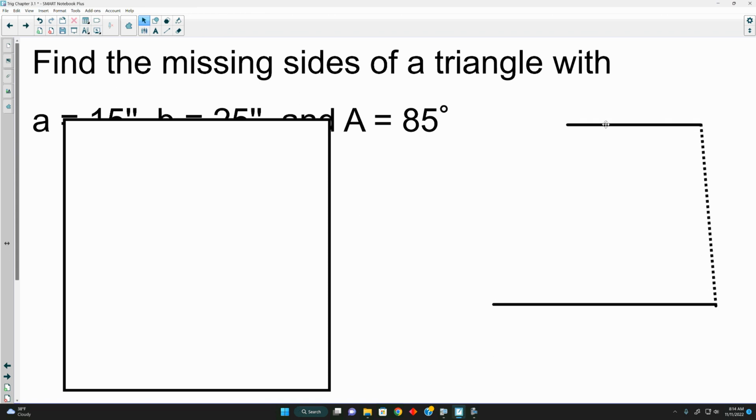Here is the actual length set up to scale. If we scaled these out, this is how the lengths would actually look. And we can see, because this here is 85 degrees, which means this is our 15 inches and this is our 25 inches. There's no way we're actually going to be able to make a triangle. This is why it doesn't work. Does that make sense?